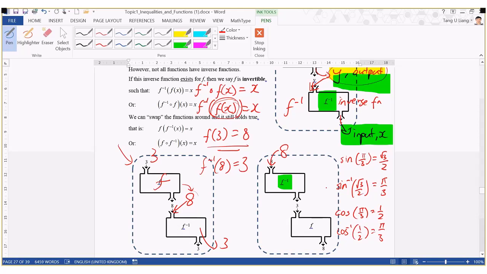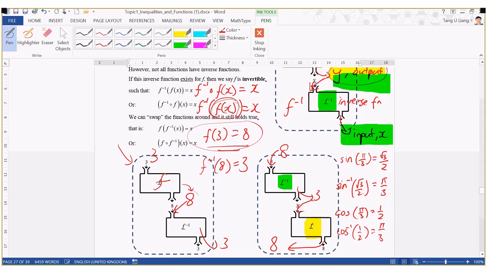But now what does f do to 3? F is supposed to take 3, and lo and behold, it returns you 8, just as it's written up here. So f actually will inverse what f inverse does.